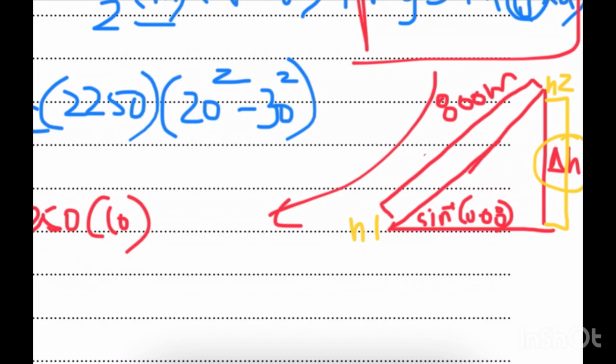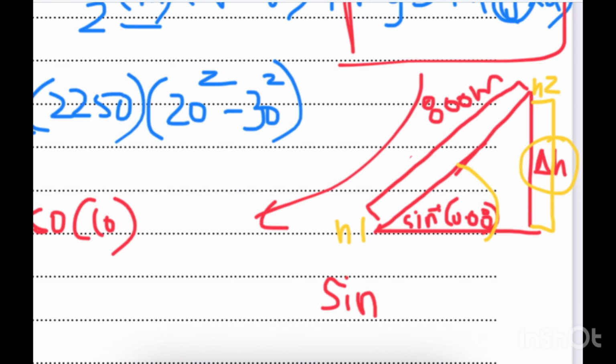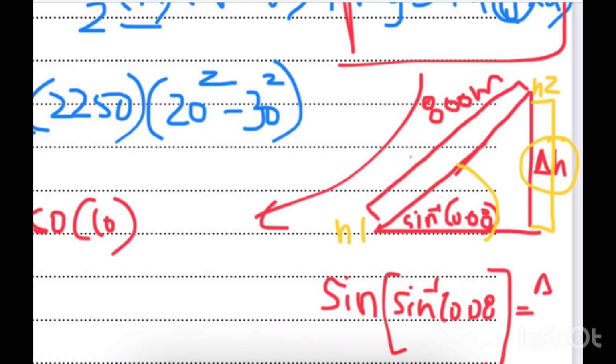So we can use a trigonometric identity in this, which is sine theta, where theta in this case will be the angle of the hill. They've given us the angle as sine inverse 0.8. That means sine of sine inverse 0.8 must equal the perpendicular, which is the change in height, over the hypotenuse, which is 800, the length of the hill.